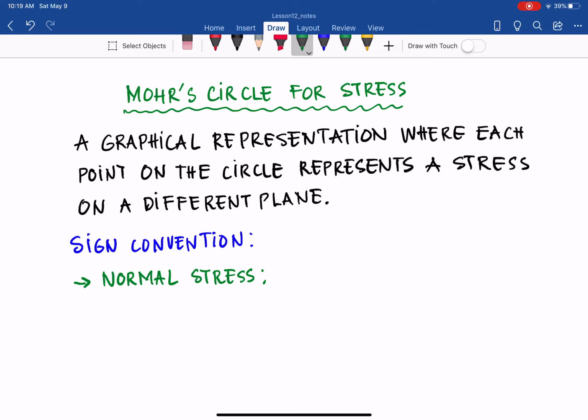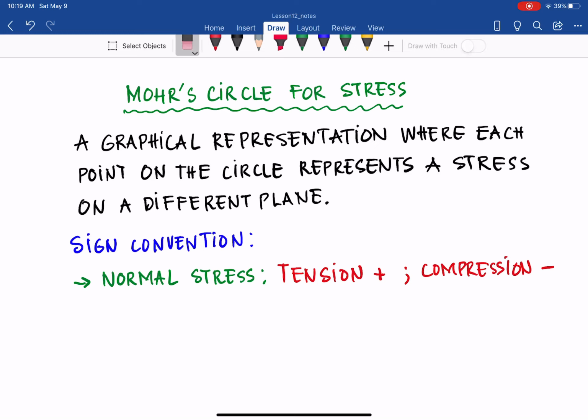So tension is positive and compression is negative for the normal stress. Let's write it down here: tension will be positive, and compression will be negative.